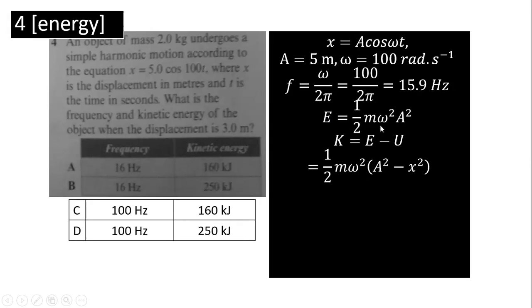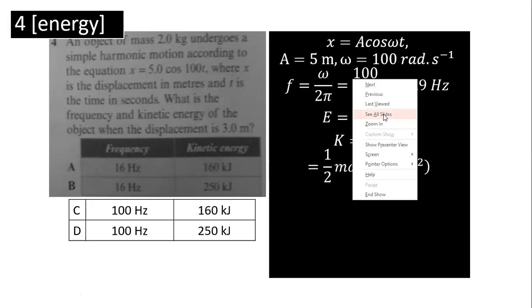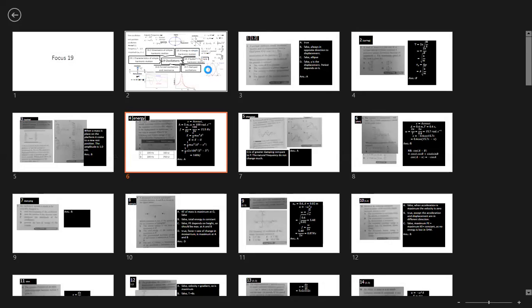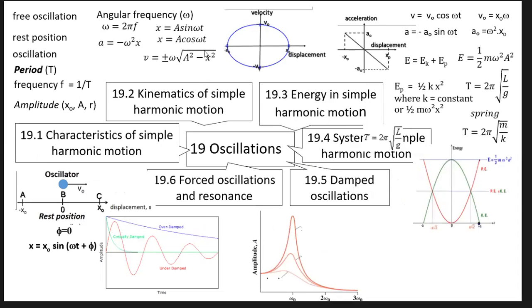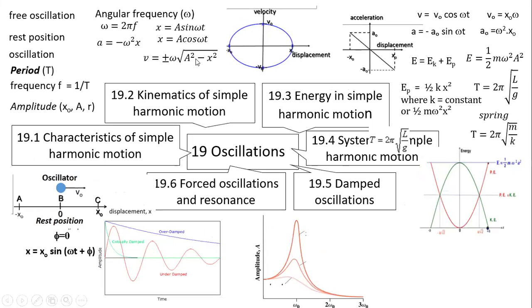That's your mass. Right? That's your total energy. Total energy is half m omega squared A squared. Then potential energy is just half m omega squared x squared. That's why I use that. If not, you use velocity straight away. Half m omega squared, still the same thing. Right? Then use this formula. So I say it's a matter of choice. Right? This formula. And then half m v squared.